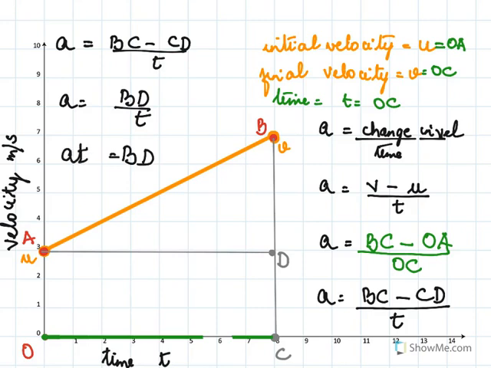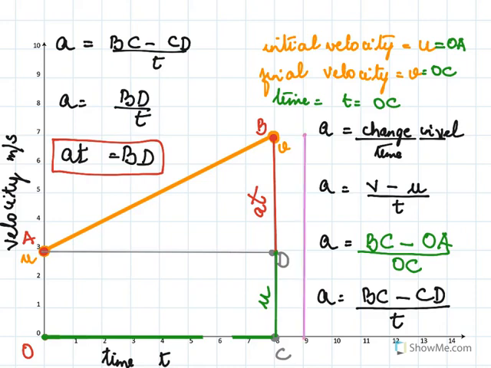This is very important because we are going to use this many times while deriving the equation. Let me put it in the figure. We have BD, and this BD is always equal to at. We also have seen earlier that CD is nothing but u, and this entire BC here is v.